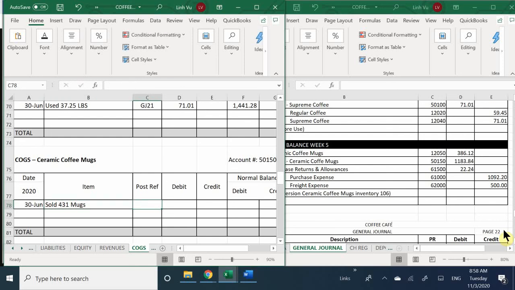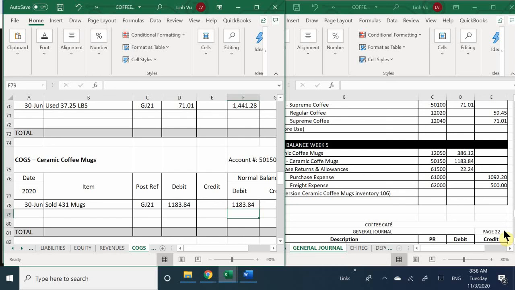Post reference, GJ21. And what's my debit going to be? 1183.84. Since this is my very first entry, it's only going to be 1183.84. Okay.